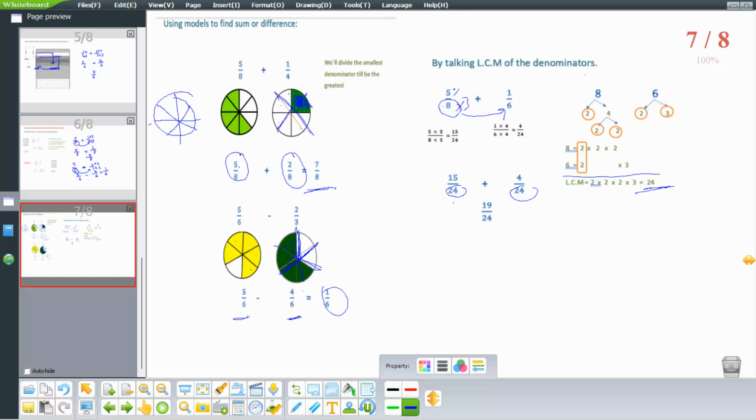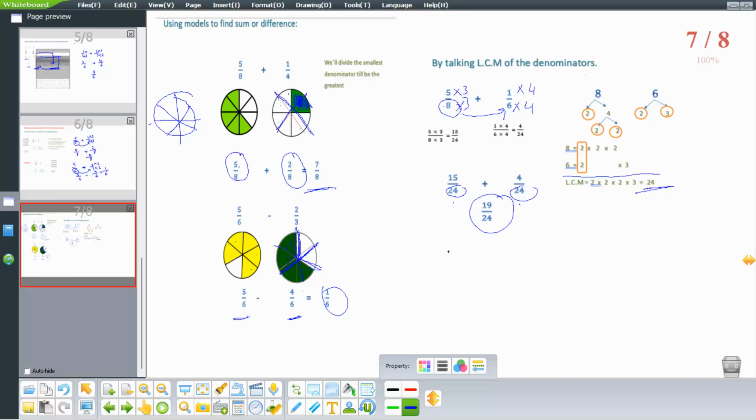So the numerator will multiply also by 3. It will be 15. Here for 6 to be 24, we multiply it by 4. 6 times 4, and 1 will multiply by 4. 1 times 4 equals 4. So it will be 15 plus 4 equals 19 over 24.